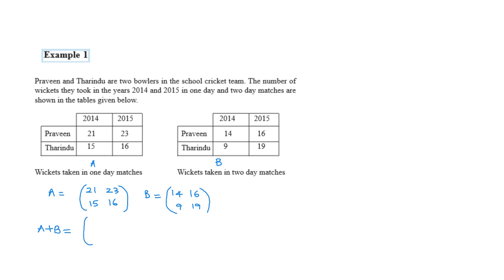You have to add 21 plus 14, that is 35. 23 add 16, 39. 15 add 9, 24. And 16 add 19, that is 35. A and B are 2 by 2 matrices, and A plus B is also 2 by 2. What does A plus B represent? It represents the total number of wickets Praveen and Tarindu took in 2014 and 2015, both one-day and two-day matches.